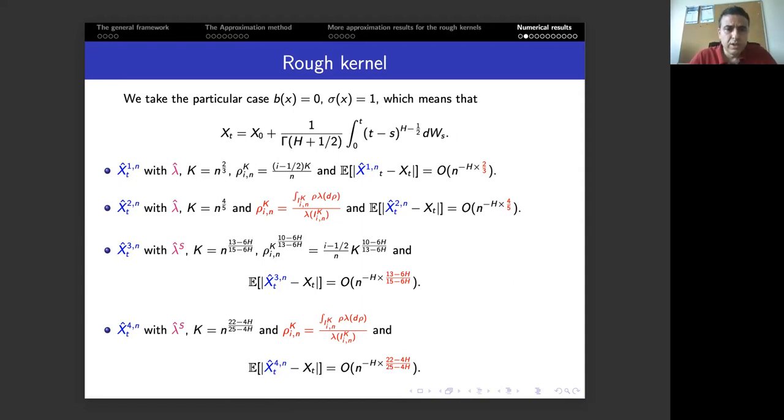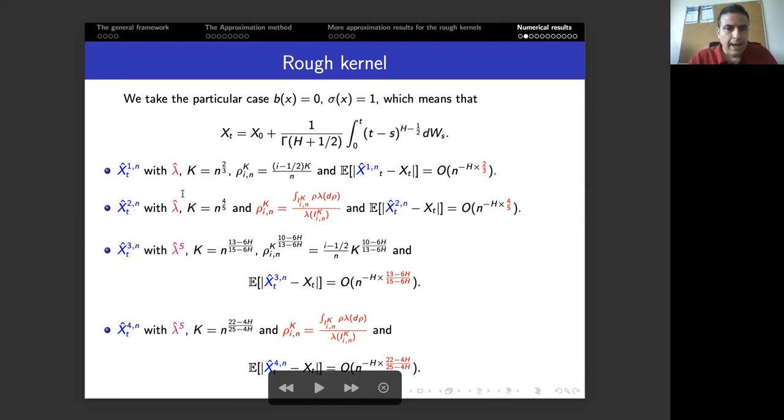The first one is X1 hat n, in which we approximate the kernel using the naive Riemann sum, with a simple choice of the weights on each small interval between 0 and k. Recall that the theoretical result in this case yields a strong convergence of order 2/3 times h.